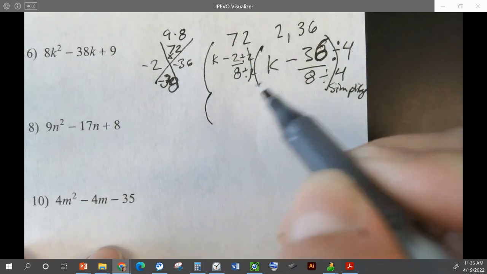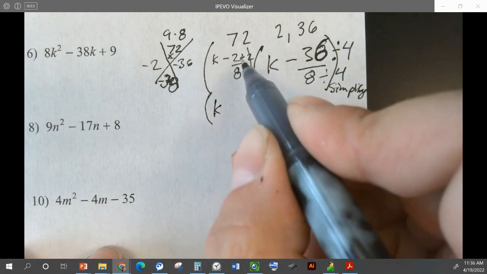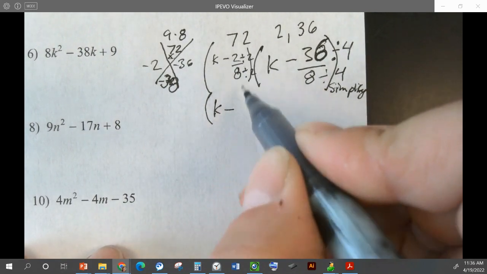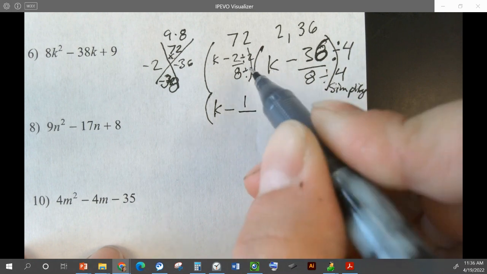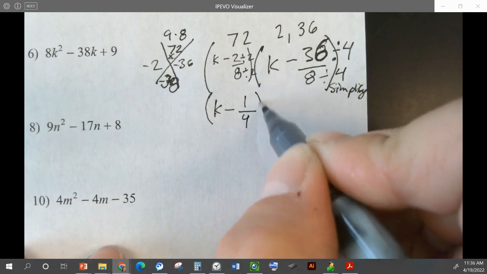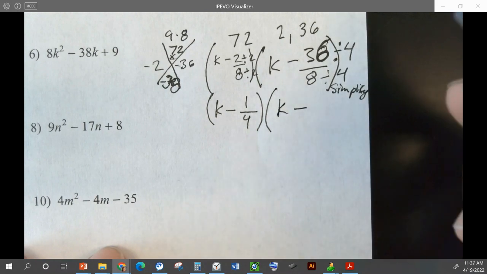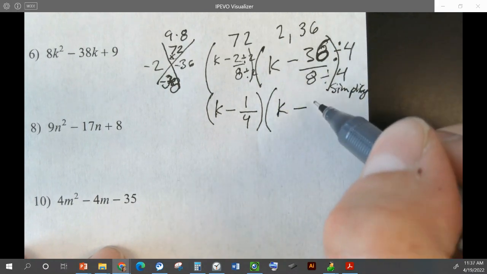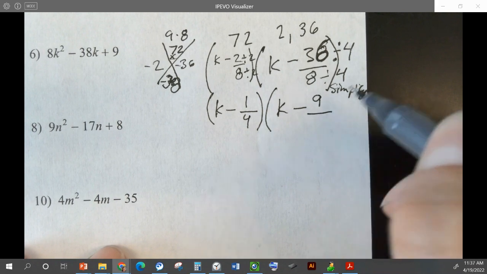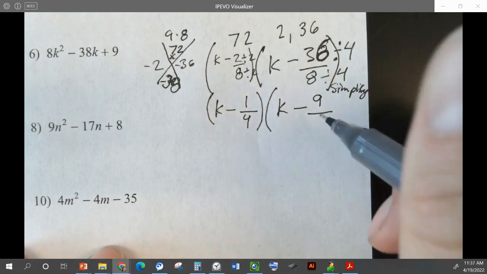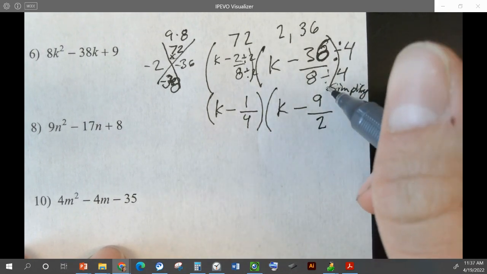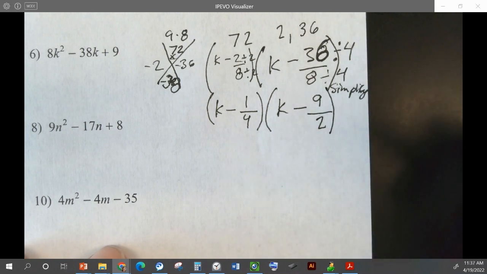Okay, so my simplified factors, I've got 2 divided by 2 is 1. 8 divided by 2 is 4. Then I have k. 36 divided by 4 is 9. 8 divided by 4 is 2. This is as simplified as we can get it.